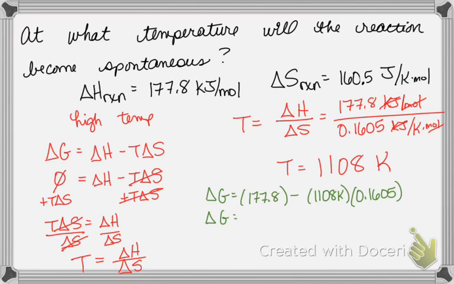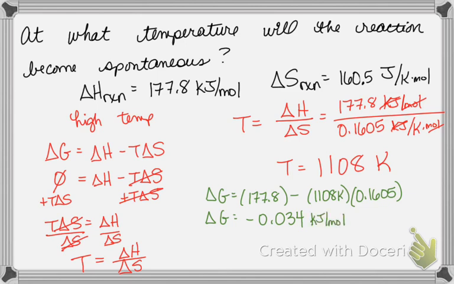So the value of delta G is negative 0.034 kilojoules per mole.